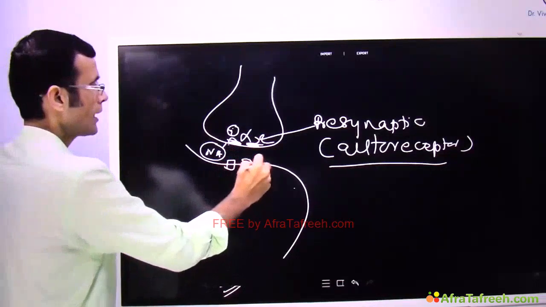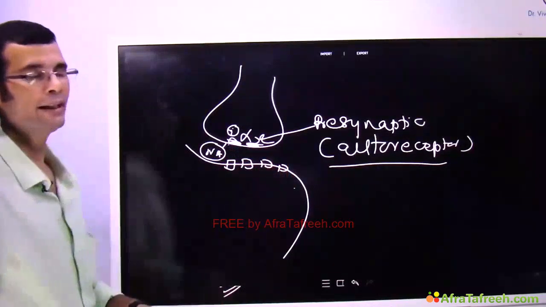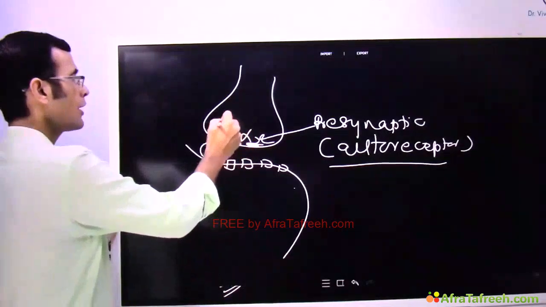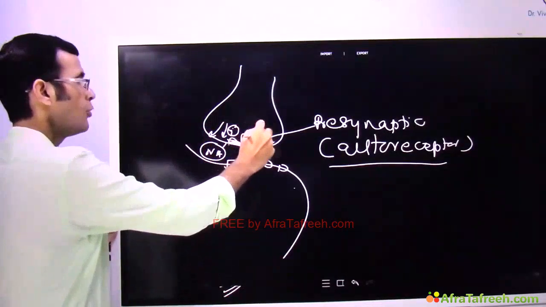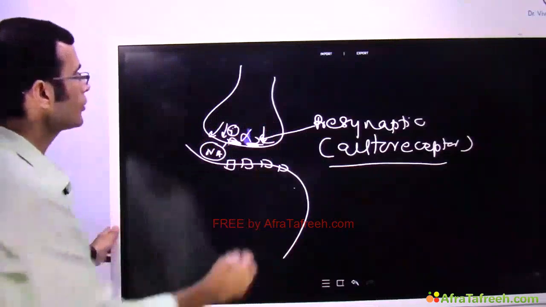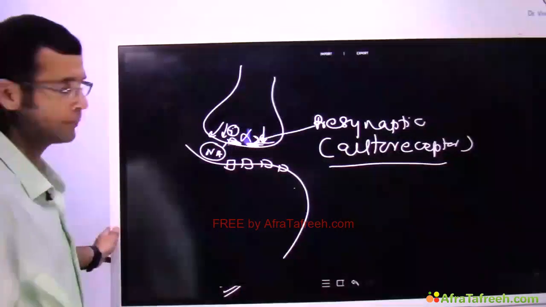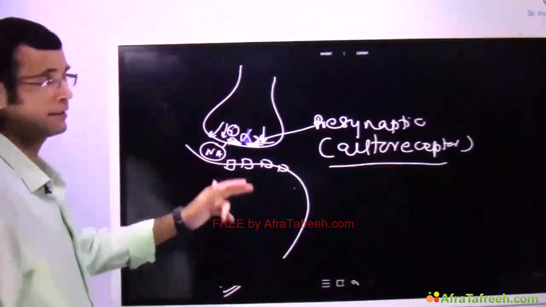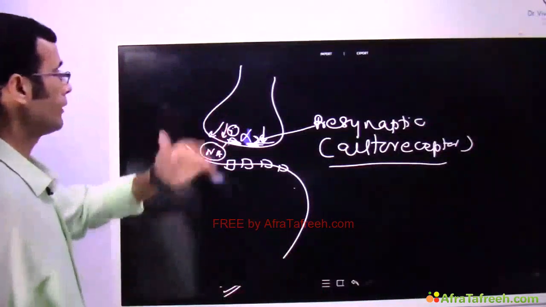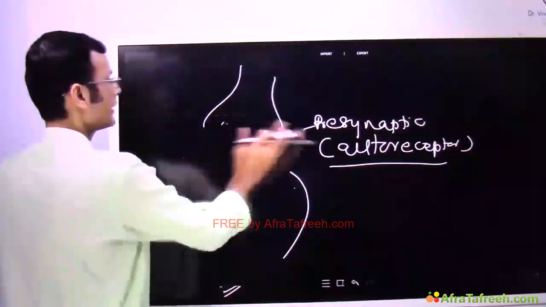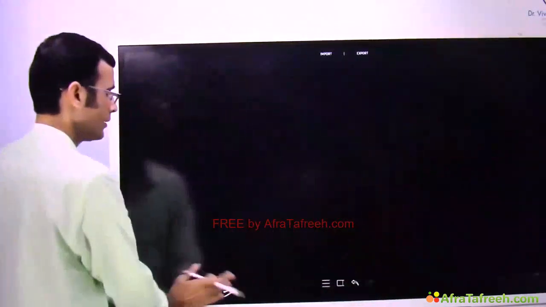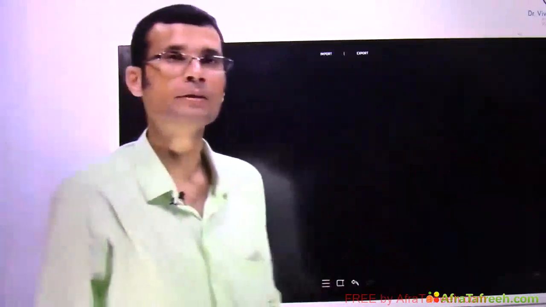Remember, there are postsynaptic receptors for exerting the effect of noradrenaline, but whether further noradrenaline is secreted or not and how much, that depends on this alpha 2 presynaptic receptor. So noradrenaline will combine with this alpha 2 presynaptic receptor called as autoreceptor. It will further modulate the secretion of noradrenaline from the presynaptic terminal. These are the receptors that mediate.